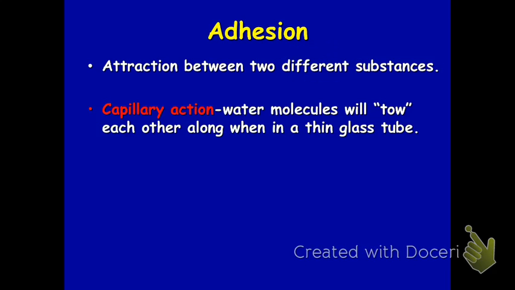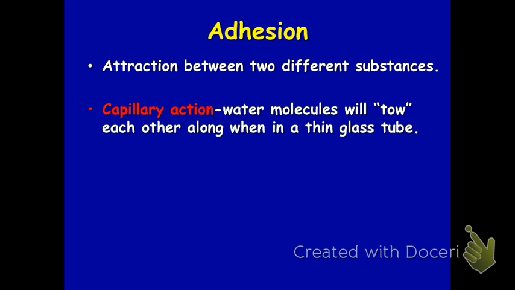One of the consequences of this is something known as capillary action. Water molecules will tow each other along when in a thin glass tube, for instance. So if you take water and put a little straw or glass in it, you'll see the water go up, and this is known as capillary action.